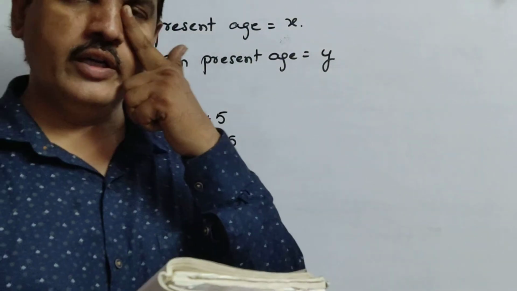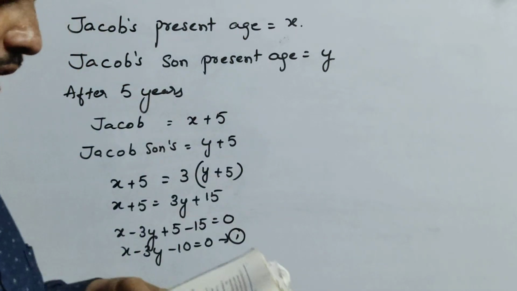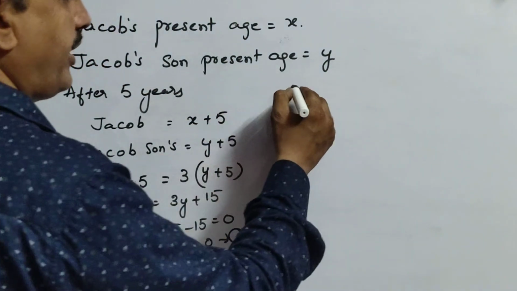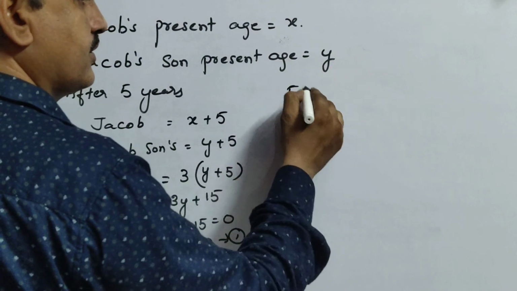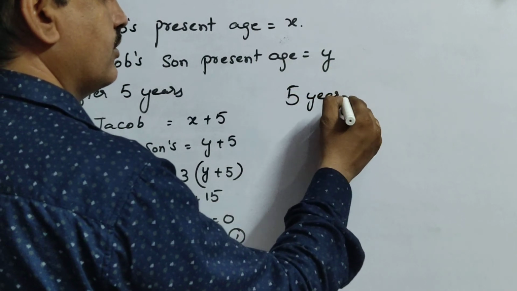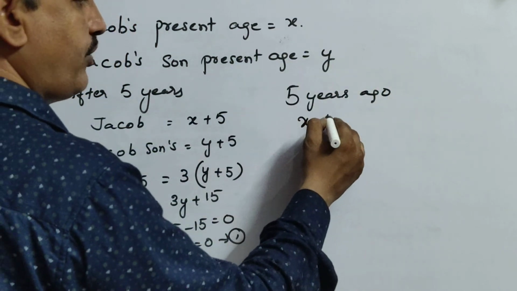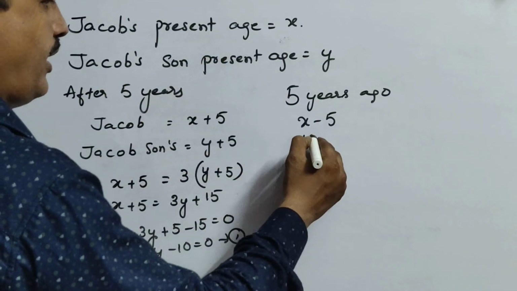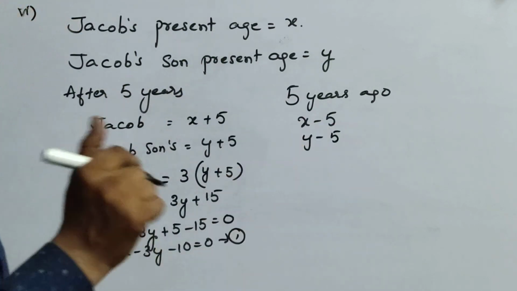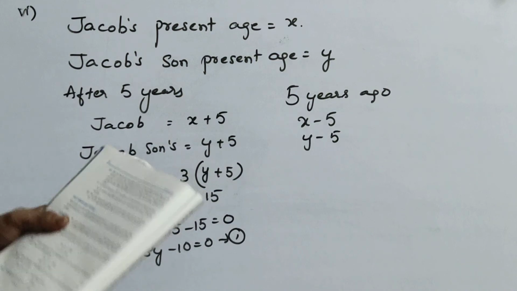Okay, next. 5 years ago. Ago means what? Back. So 5 years ago, Jacob's age will be how much? x minus 5, and son's age will be y minus 5. But 5 years ago what happened again? Jacob's age is 7 times.